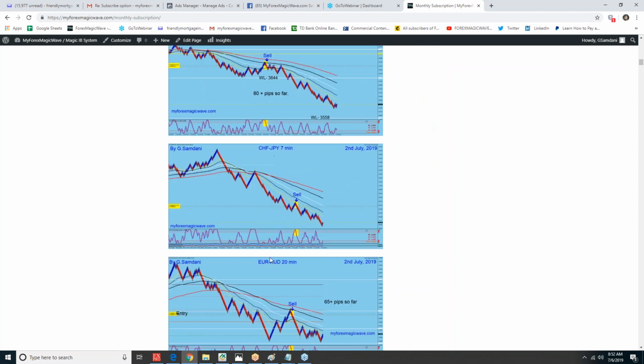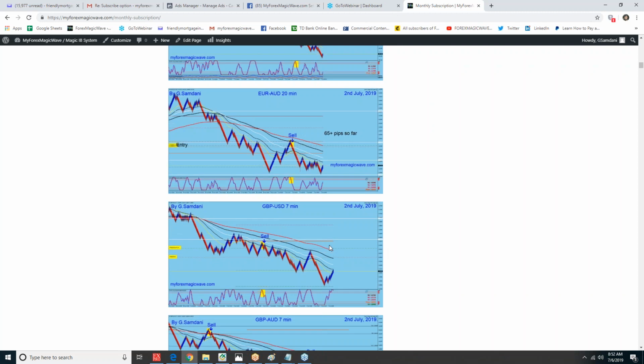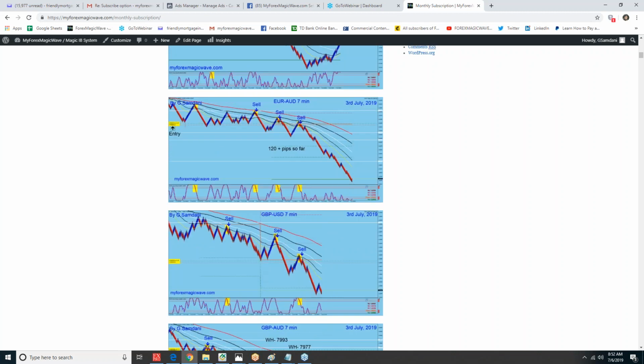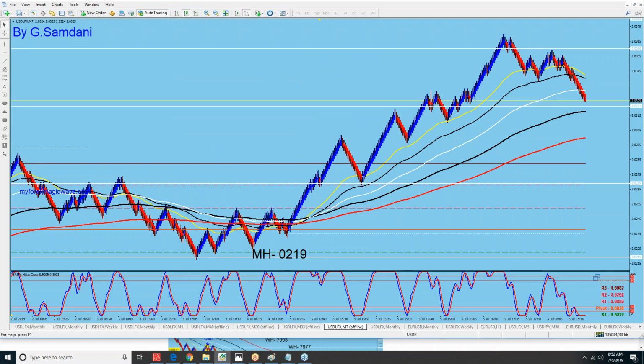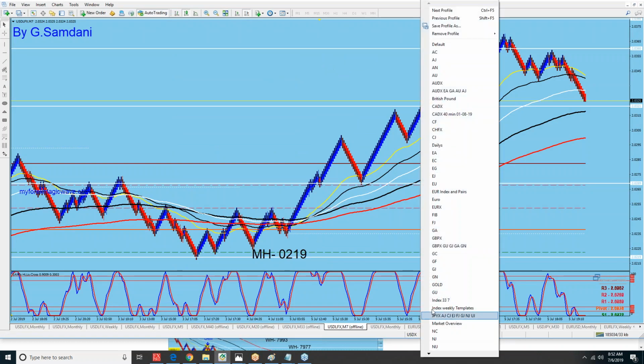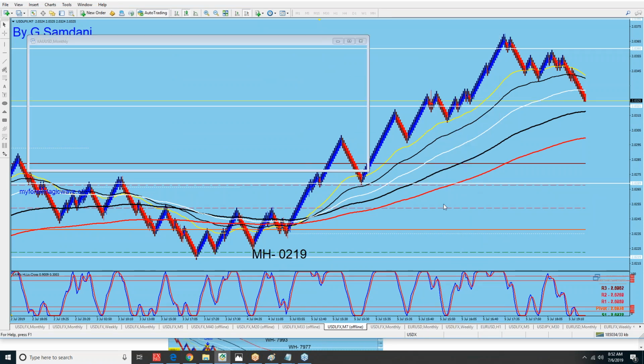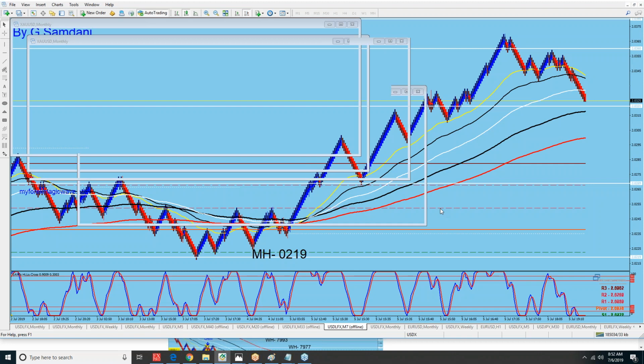And you have these for every single pair, you will see the entry, a lot of entries. Anyway, not only that, by the way, you can trade gold with this. If you see my analysis of gold, you will be surprised, because I've been doing a pretty good job on the analysis of gold and indices, but I'm not too much into indices. Okay, I try to stay away from them.